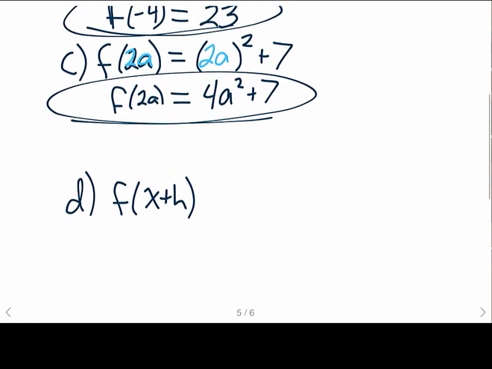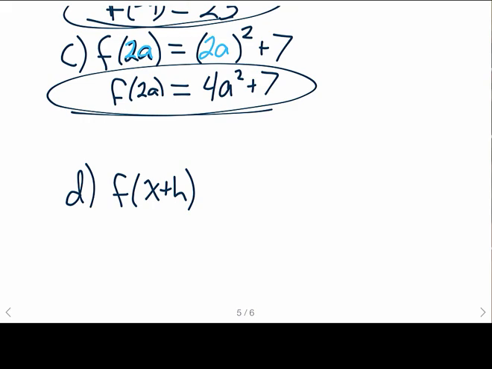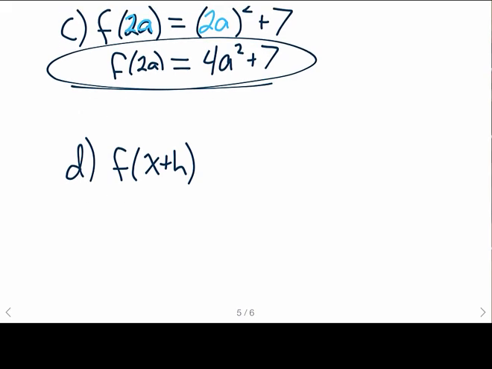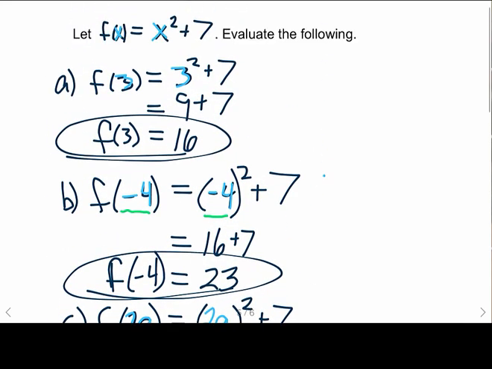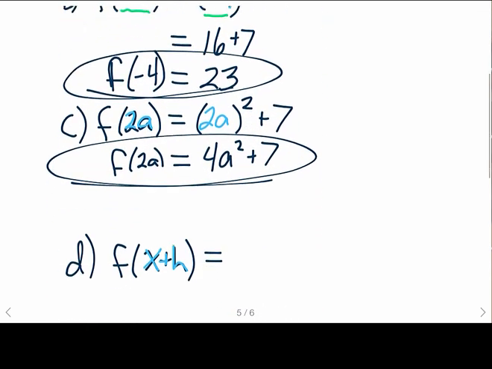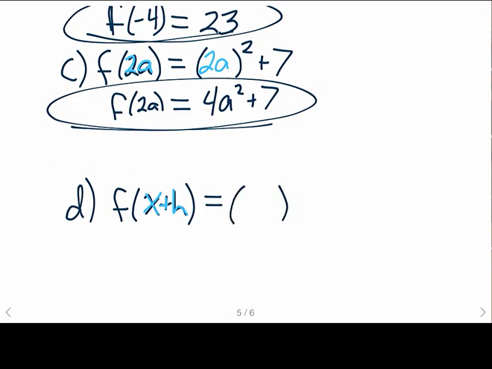Again, this is just exploring function notation, which we'll do with the last example of this type, f of x plus h. And what this means to us is we're going to put x plus h in place of x in the original expression. And so what that means is I'm going to square the x plus h.